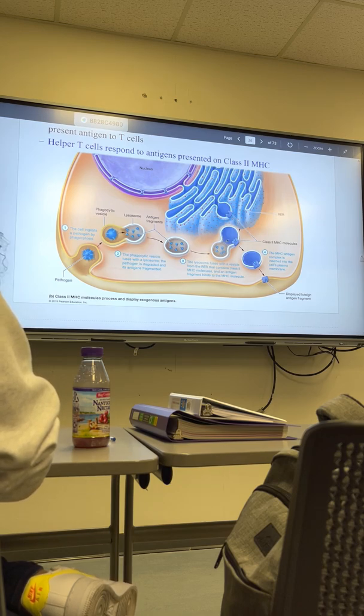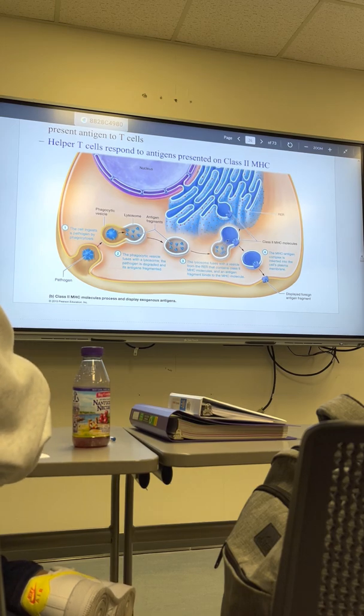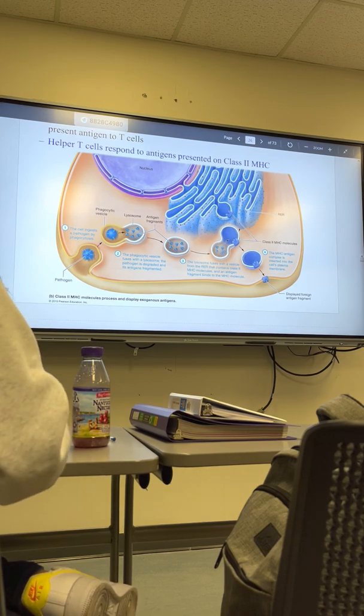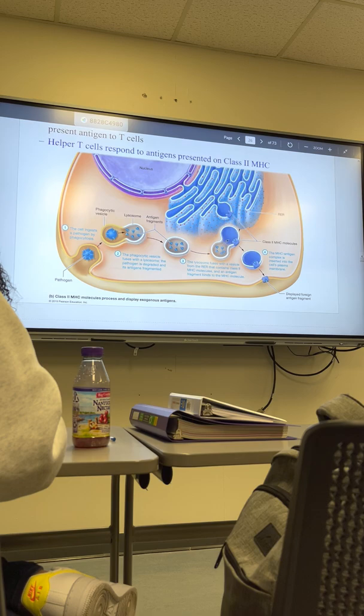Only the lymphocytes and antigen presenting cells. They have the MHC2s. And if an antigen is presented in conjunction with the MHC2s, it could activate what kind of cell? Helper T cell, cytotoxic T cell, B cell?